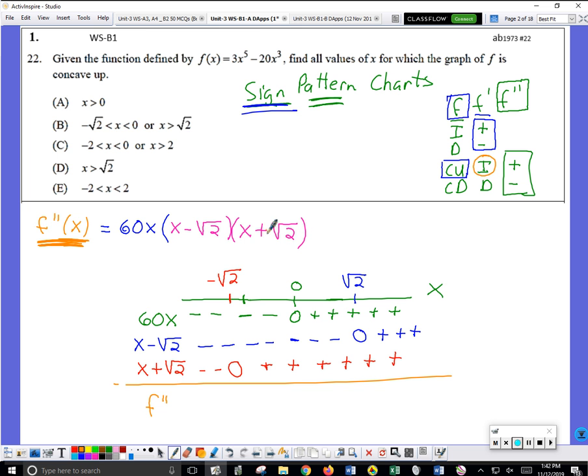This part of f double prime would be 0. So all three would multiply. We're saying this part's negative, this part is also negative, this factor would be 0. So negative times 0 is 0. So I'm just figuring out what f double prime's value is for lots of different values of x.